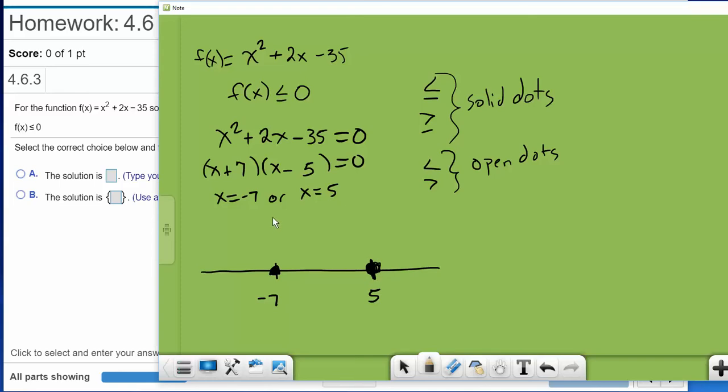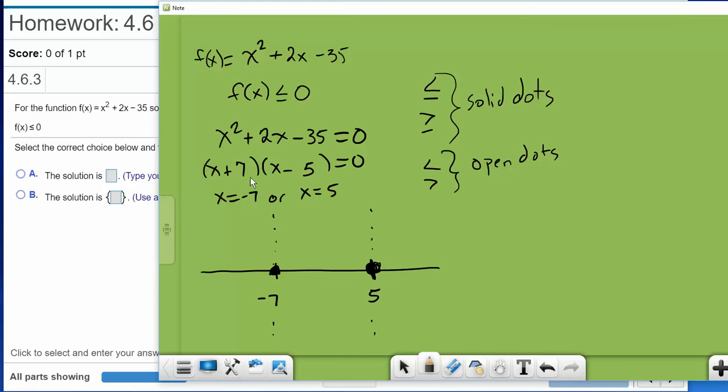Then I think of the number line as being split into 3 intervals. We got x could be anything from negative infinity to negative 7, so any numbers less than negative 7. Or x can be any numbers in between negative 7 and 5. Or x can be any number greater than 5. So those are the 3 cases we're going to consider.